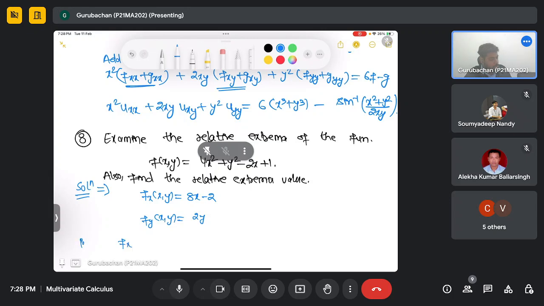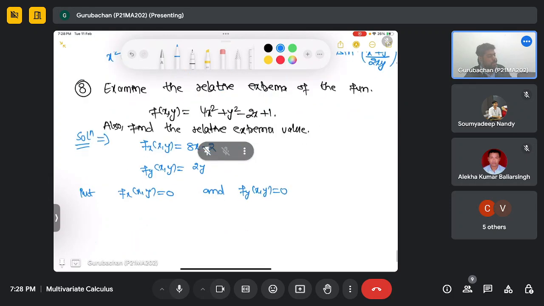Put f_x and f_y equal to 0. So this will give us 8x minus 2 will be 0 and x will be 1 by 4 and 2y will be 0.